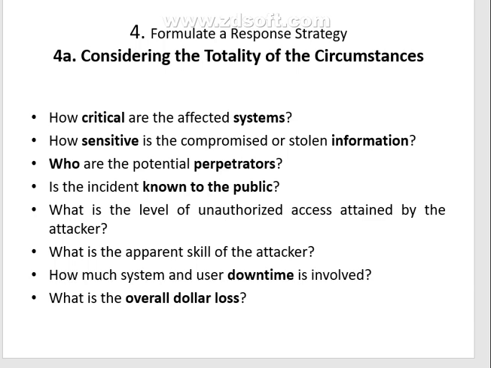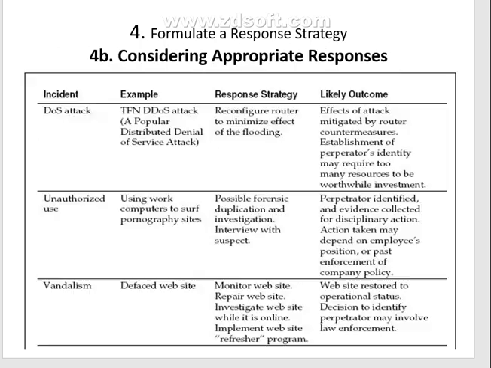When we've managed to consider the totality of circumstances, we also need to consider appropriate responses. You will discover that we have an incident, an example of an incident, a response strategy, and a likely outcome. Let's say for an incident such as unauthorized use, we might have an example of using web computers to surf pornographic sites.